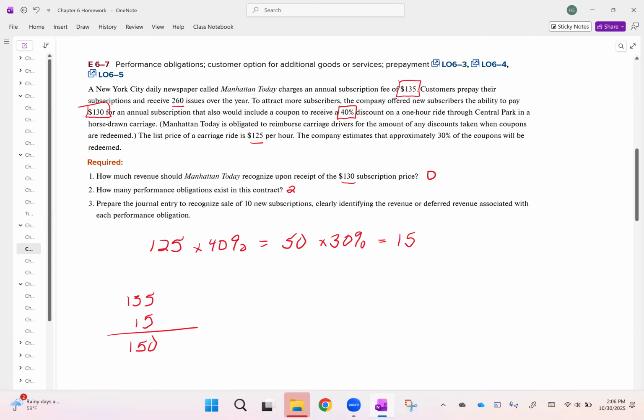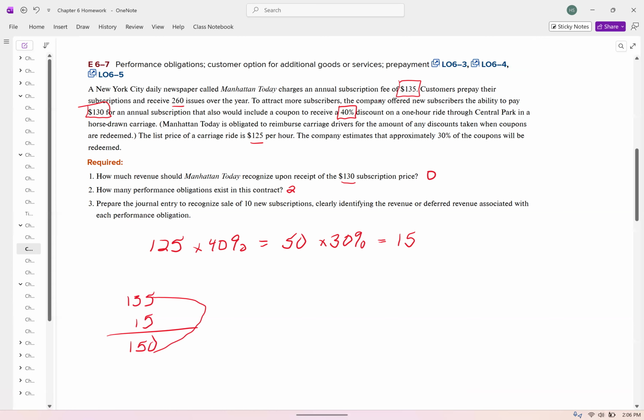Okay. So we'll take the 135 divided by the 150, and you should get 90%. Then we will take the 15 and divide it by 150 and we get 10%.